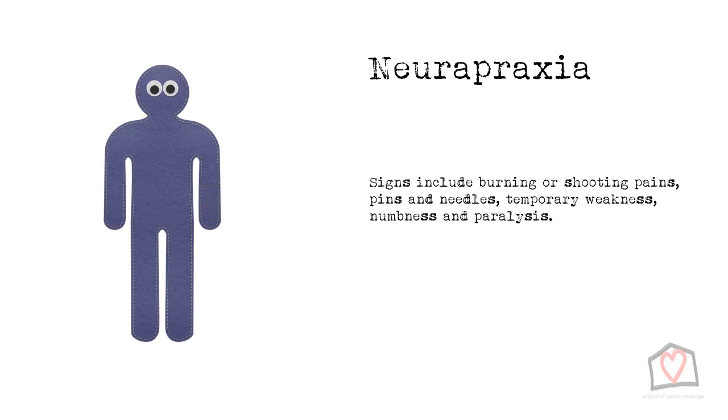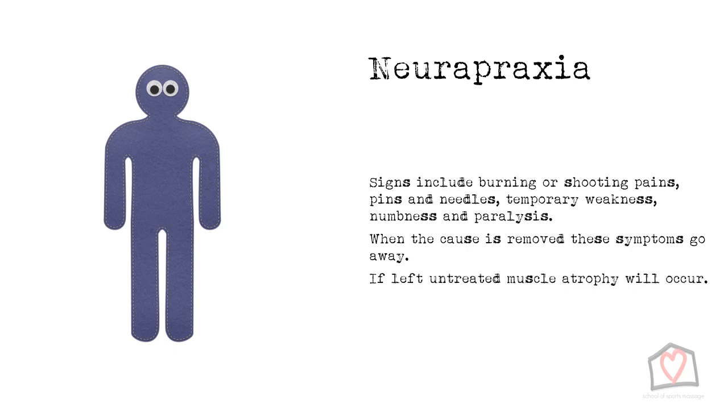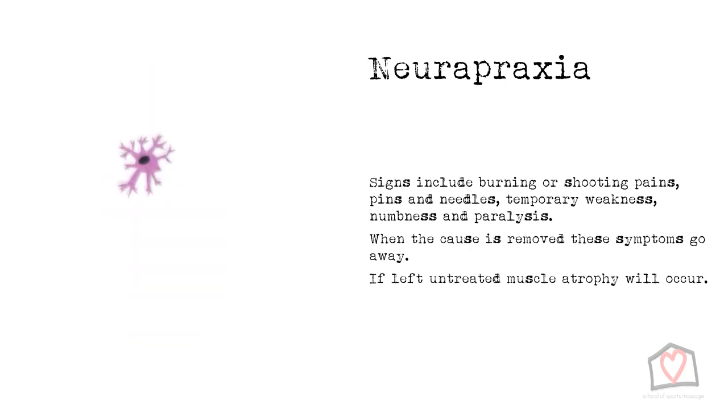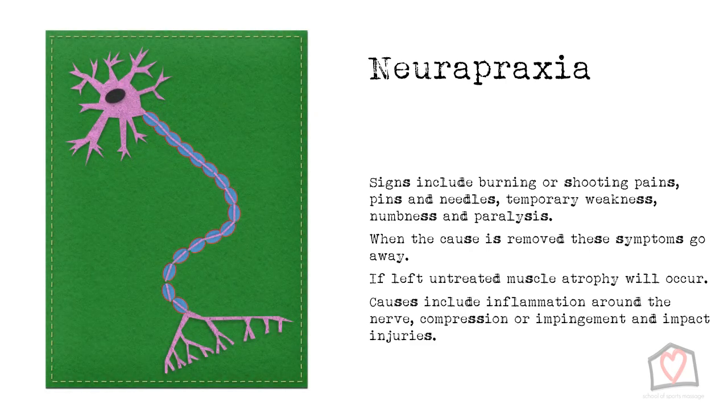Signs and symptoms for neuropraxia are burning or shooting type pains, pins and needles, temporary weakness, numbness and paralysis. When the cause is removed, these symptoms go away, but that's not always that easy. If left untreated, then eventually muscle atrophy will occur to the affected muscles. There are various causes. Anything that causes inflammation around the nerve will likely affect it.